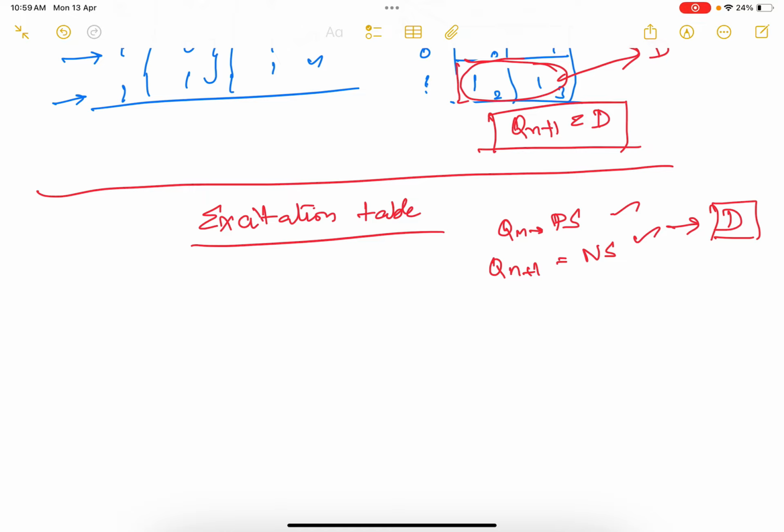So how to form this? I will be writing your present state and the next state. Present state is Qn, your next state is Qn plus 1.